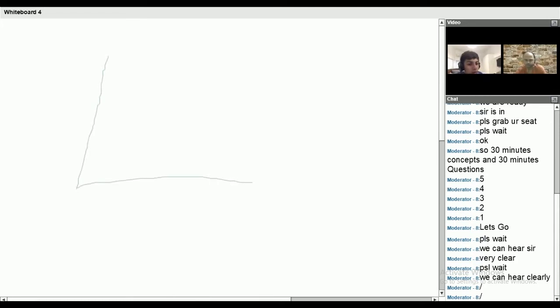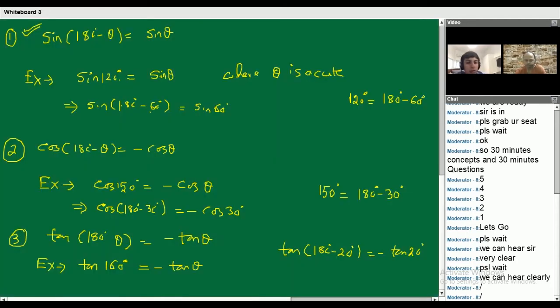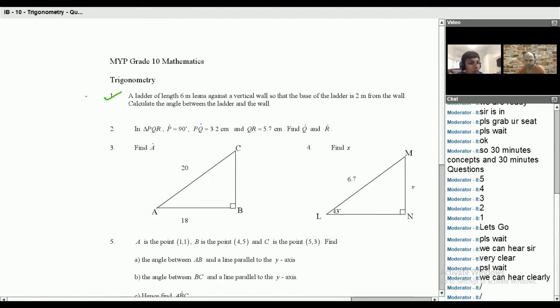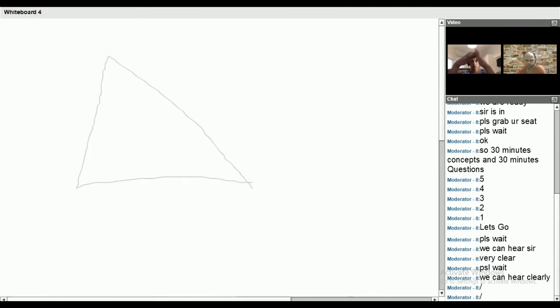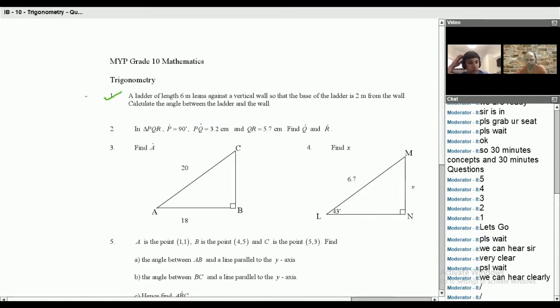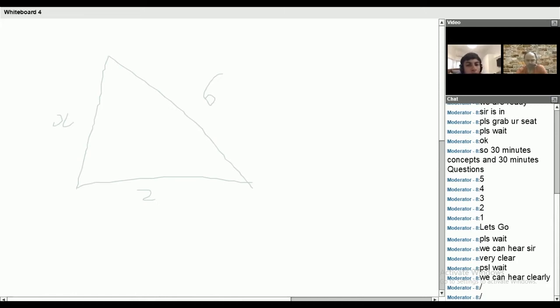The ladder is 6 meter, leaning against a vertical wall, and the base is 2 meter from the wall. We need the angle between the ladder and the wall. Okay, let's find this out.